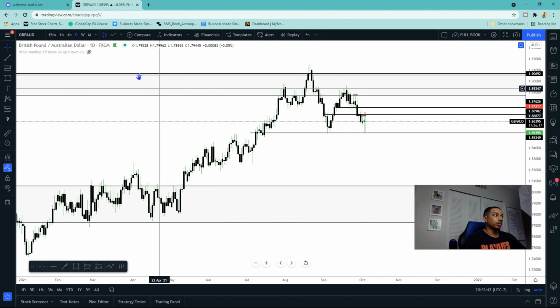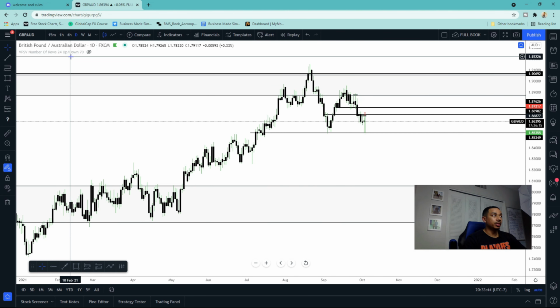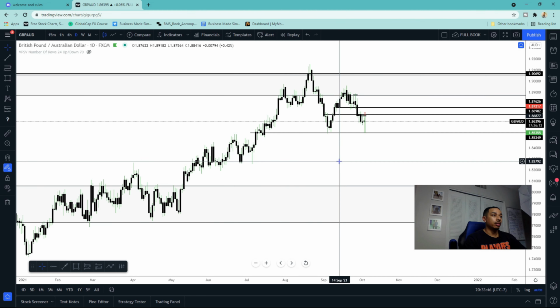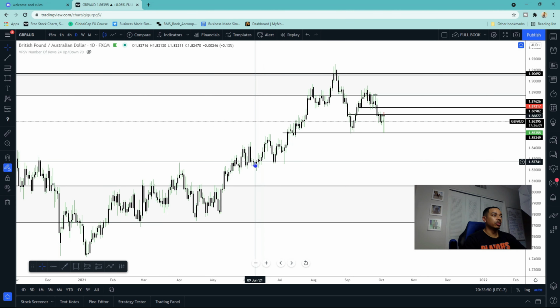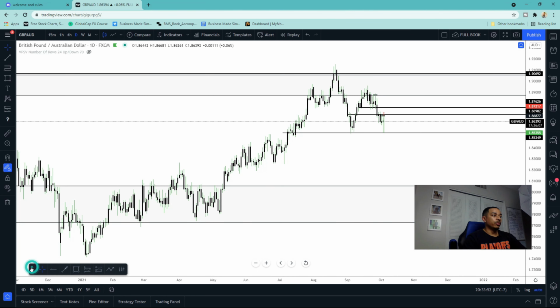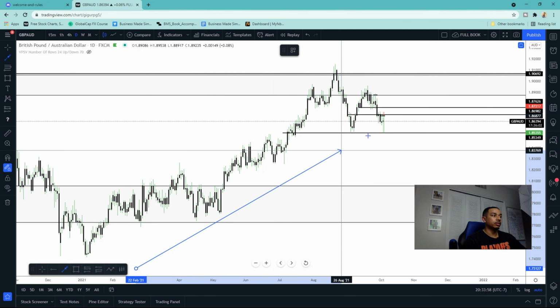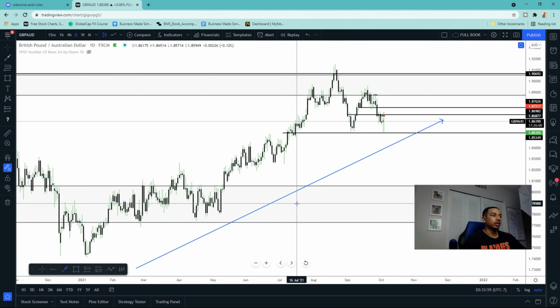The first one we're going to be looking at is going to be GBPAUD. This is actually one of my favorite pairs to trade. Overall, first things first, we want to understand the direction of the trend. Overall, we have an uptrend.